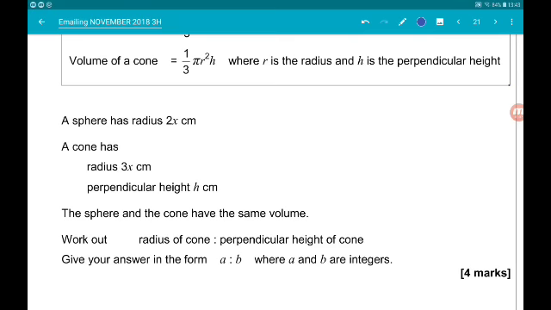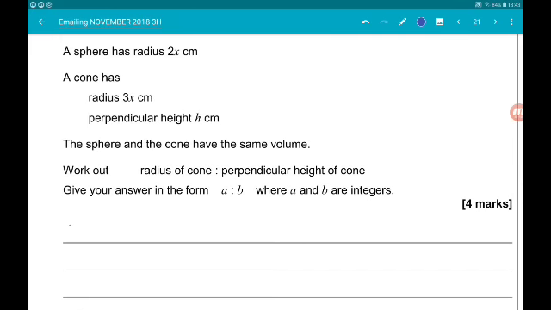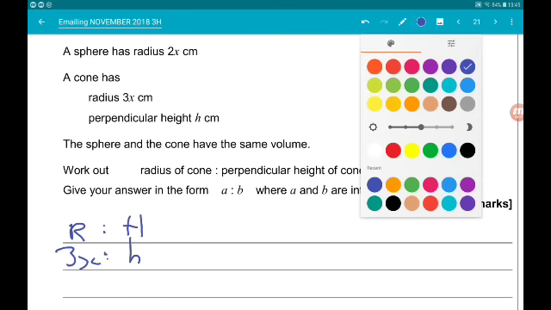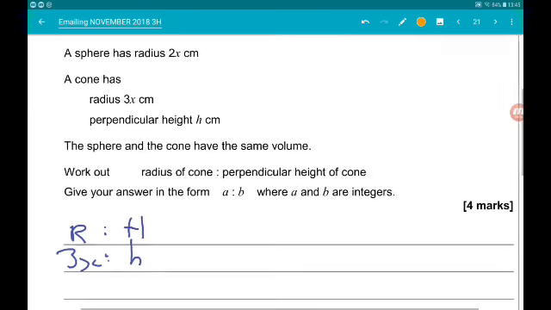So, at the moment, the radius to the height is 3x to h. But there's all kinds of problems with that. There's an x and an h involved, and we just want the ratio A to B, where A and B are integers. So, this is where we use the info that we're given.